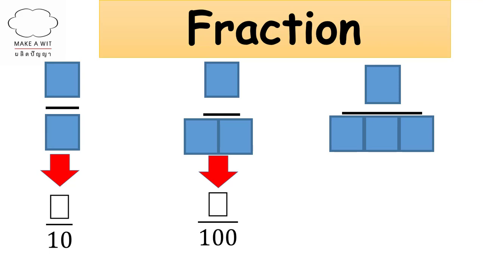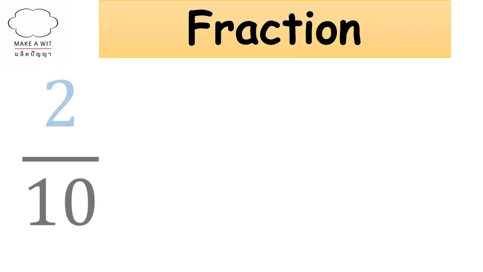How many blanks, or how many squares, are there? I mean down, up has one, okay, and down. How many squares are there? There are 3. So how many zeros do we have to put? Okay, so it means blank blank blank over 1000.